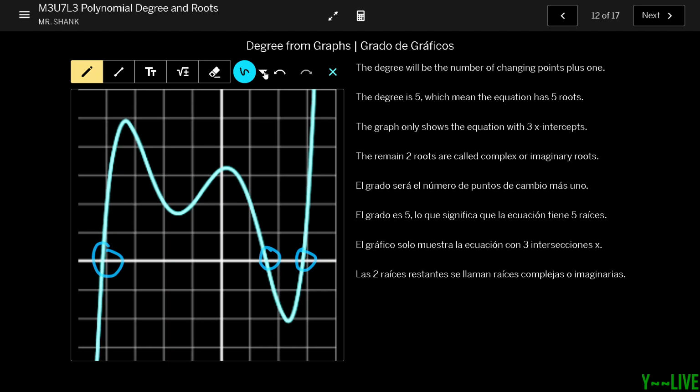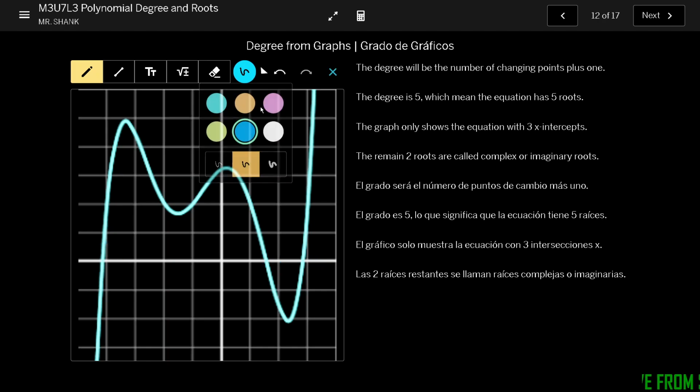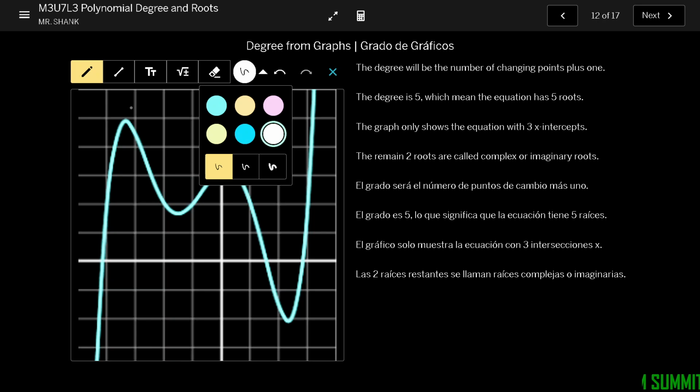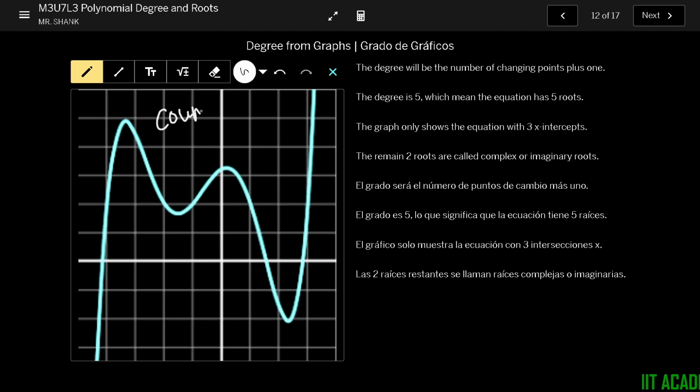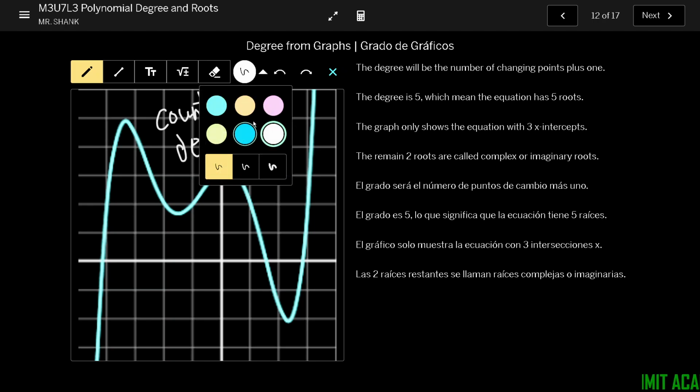What that means is, if I look like this, I can say, okay, count total degree. We're going to change colors here. Let's do green again.